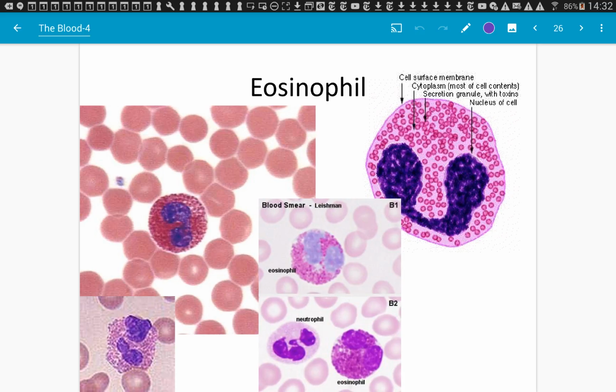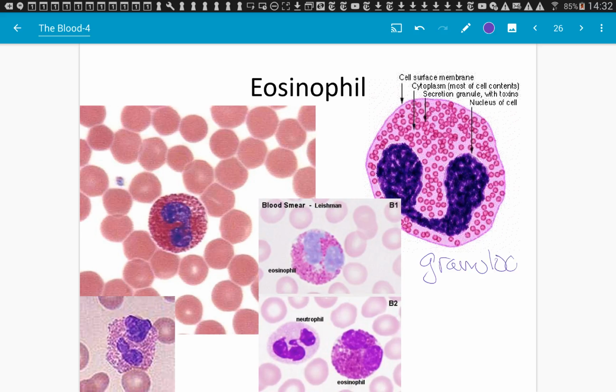Eosinophils. Granulocyte or agranulocyte? Granulocyte. Yeah, look at these guys. It's packed full. So these are definitely granulocytes, and we have an interesting shape to the nucleus.